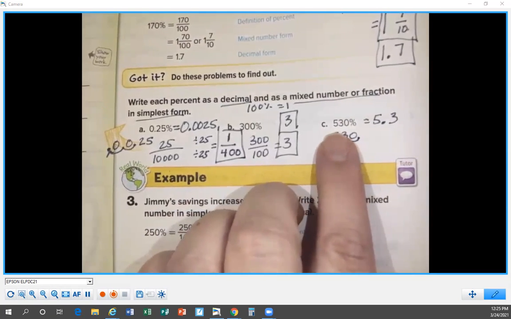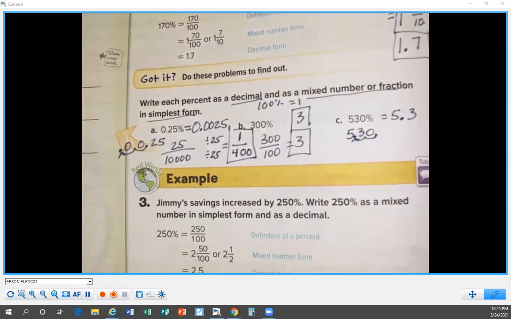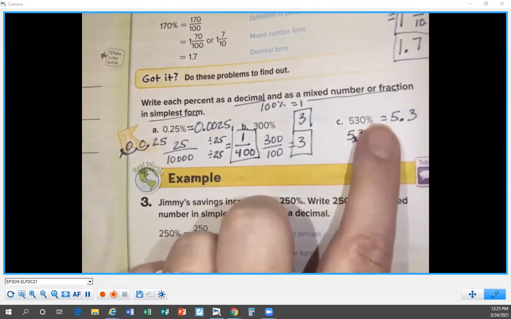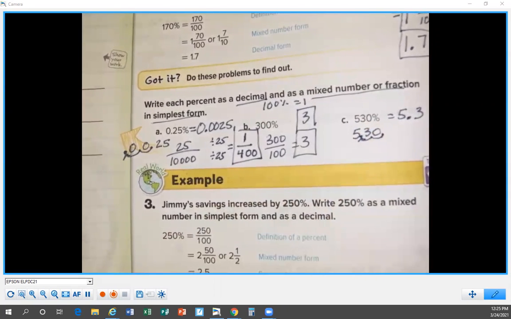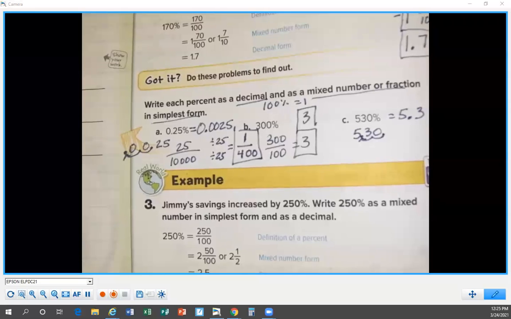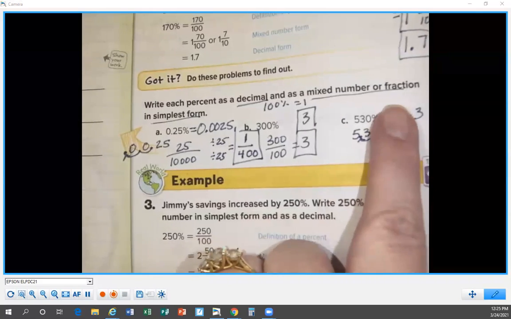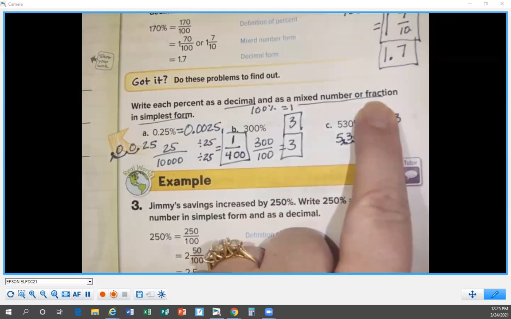That should make sense because if 100% is 1, 500% would be 5, and 530% would be 5.3. What would 500% be, everybody? 5. What would 530% be? 5.3.